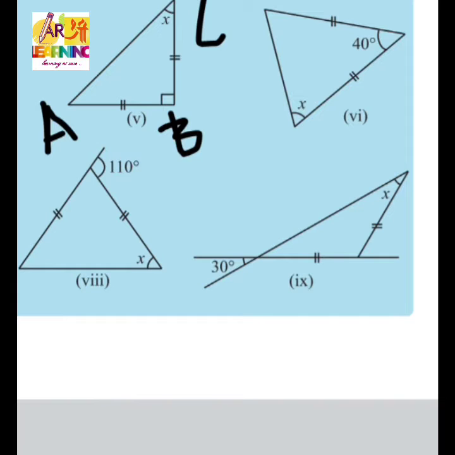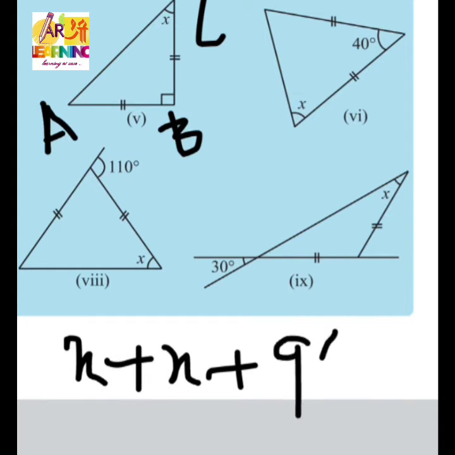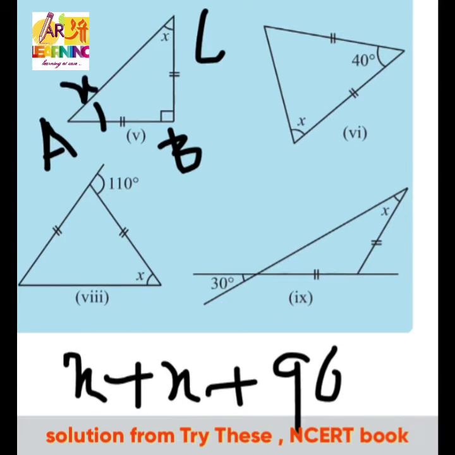So we add the three angles, x plus 90, and you know the sum of three angles will be 180. You will get the value of x, because this angle is already x, as I have told you, because the two sides are equal. These two sides are equal, BC and AB are equal.